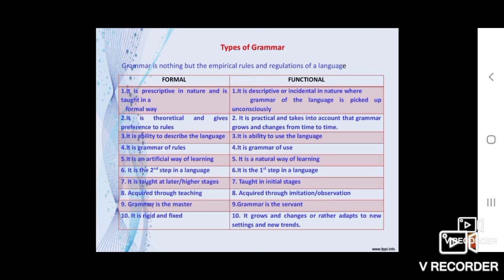In formal grammar, point 4, it is grammar of rules. In formal grammar, there are rules and all the rules are universal.